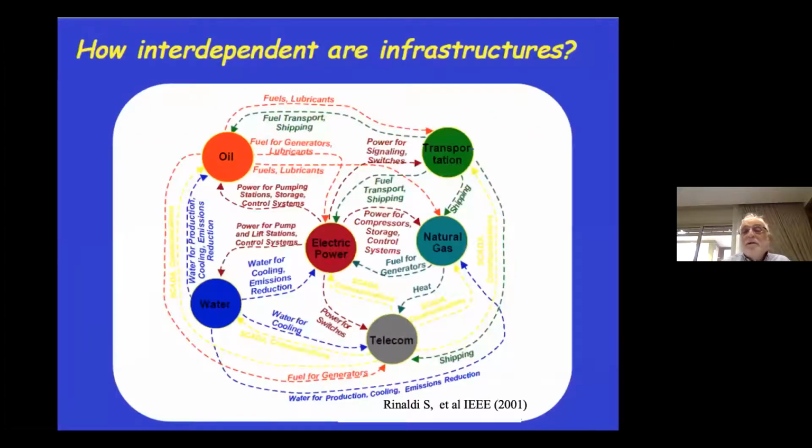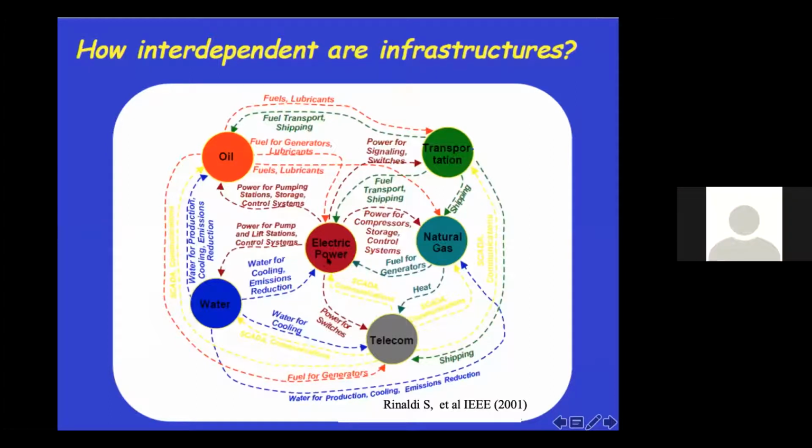Now, this question is not new. Almost 19 years ago it was known to engineers, and the engineer is Rinaldi from Florence, and he wrote an article, How Interdependent Are Infrastructures? He showed that the power grid depends on natural gas, depends on transportation, but not only that, it depends on everyone. Almost everyone in the system depends on almost everyone.